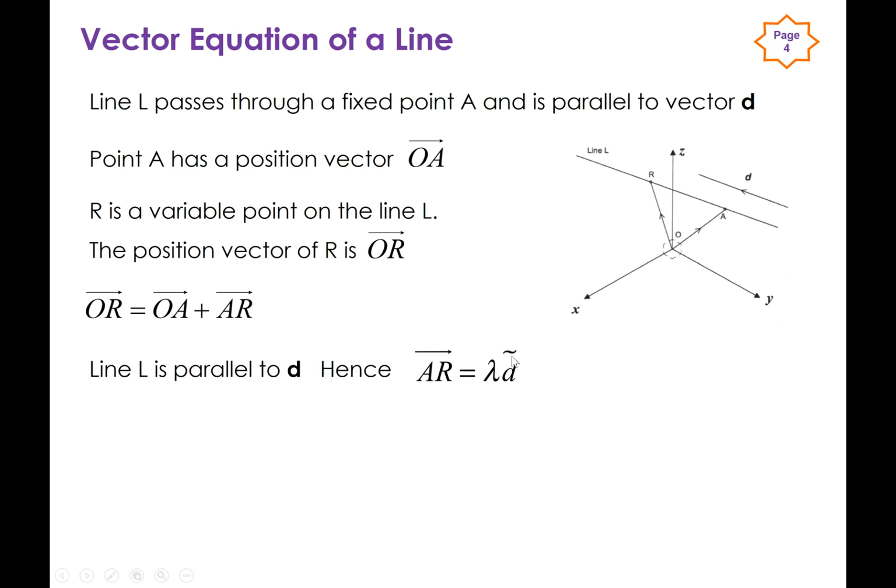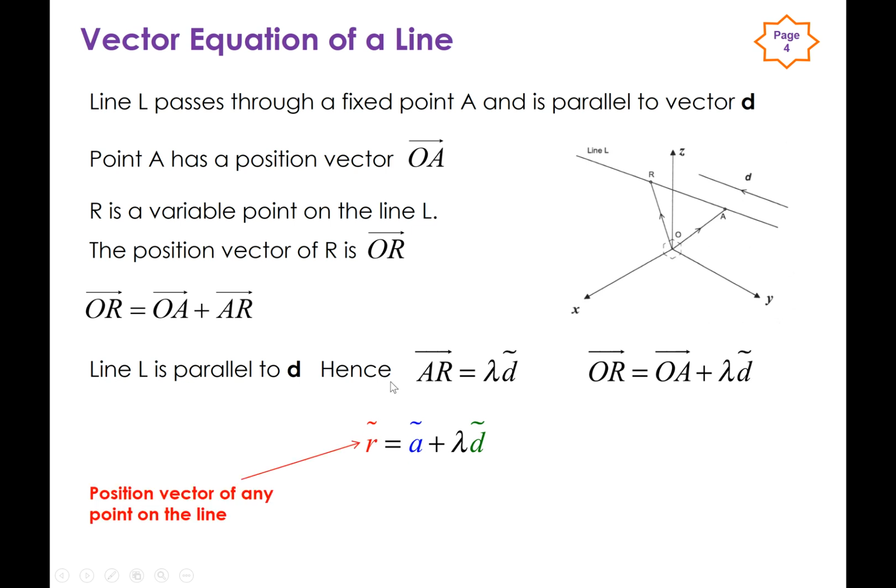Hence, I can say that AR is lambda times the direction vector. So therefore, any position R on that line is represented by a fixed point plus lambda times the direction vector of that line. So that allows us to find the vector equation of a line.